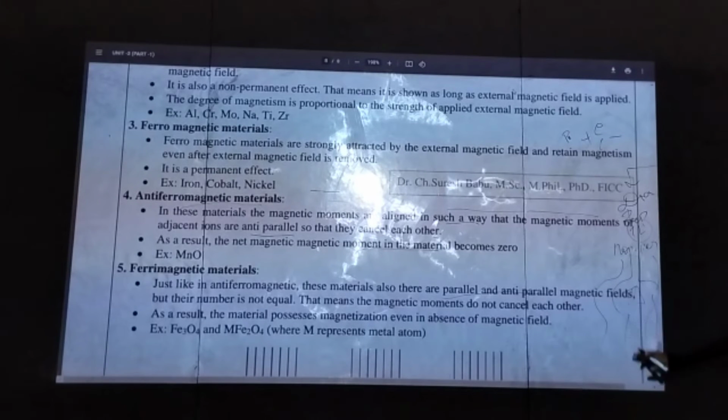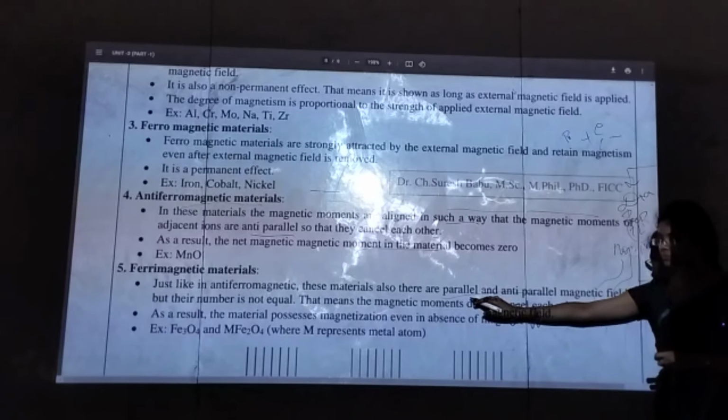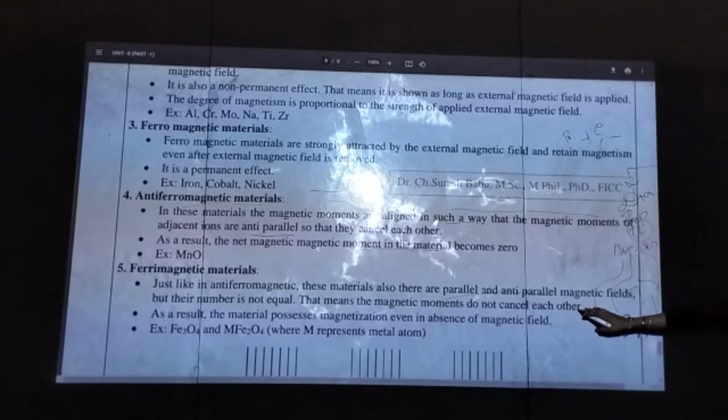And the last one is ferrimagnetic materials. Just like antiferromagnetic materials, these materials are also parallel and anti-parallel when applied in a magnetic field, but the number is not equal. Understood? Here in the ferri, we are having the spins parallel as well as anti-parallel.